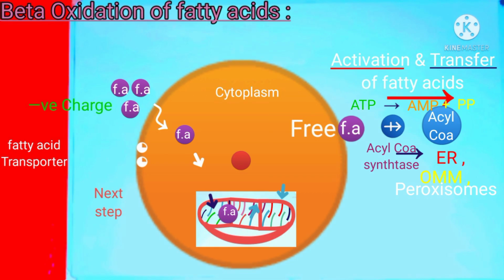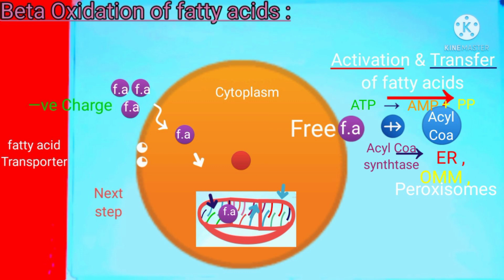The fatty acid activation is very important because without it the fatty acid cannot be utilized as such in the mitochondria. So once activated, the free fatty acid is then taken into the mitochondria.